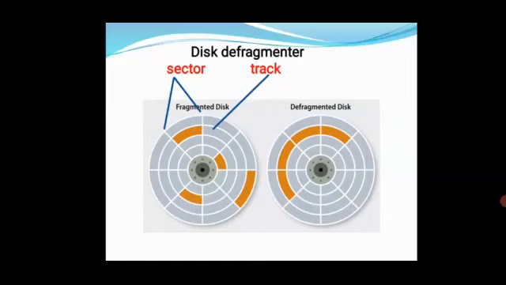Tracks means the many circles given here; each and every circle is known as a track. The circles are divided by using lines, and each and every part is known as a sector. In the sectors only, the files are stored.